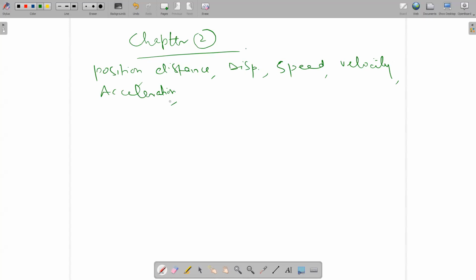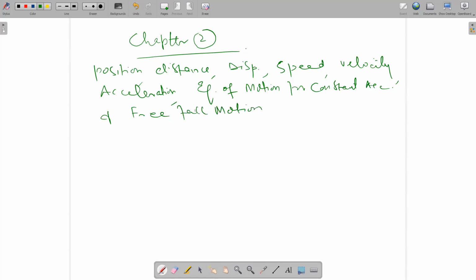And then we have discussed the equations of motion for constant acceleration. And at the last, we discussed the free fall motion. So these are the articles which we have discussed in chapter number 2.